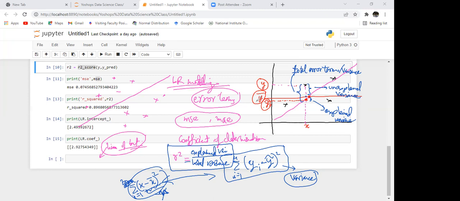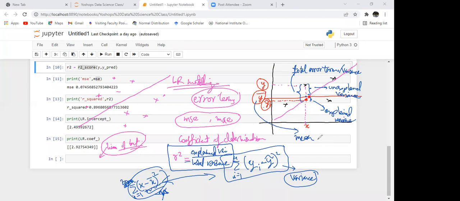Can you tell me without involving any mathematics what this y bar represents? That is the mean. What does mean represent? Why do we need mean first of all?